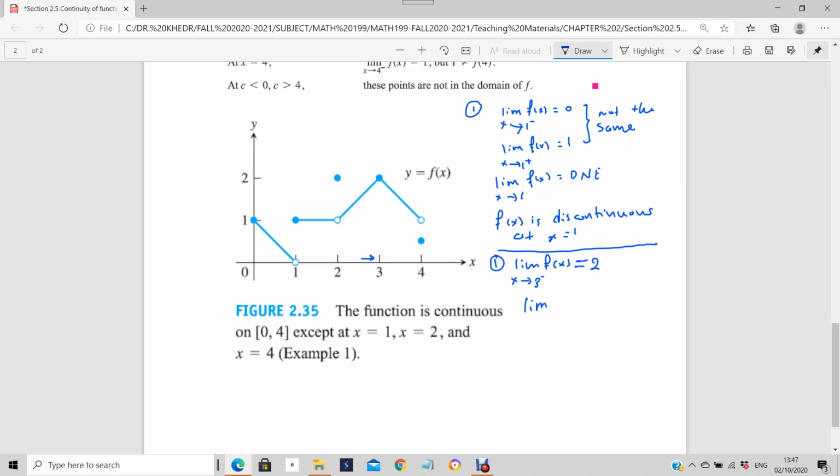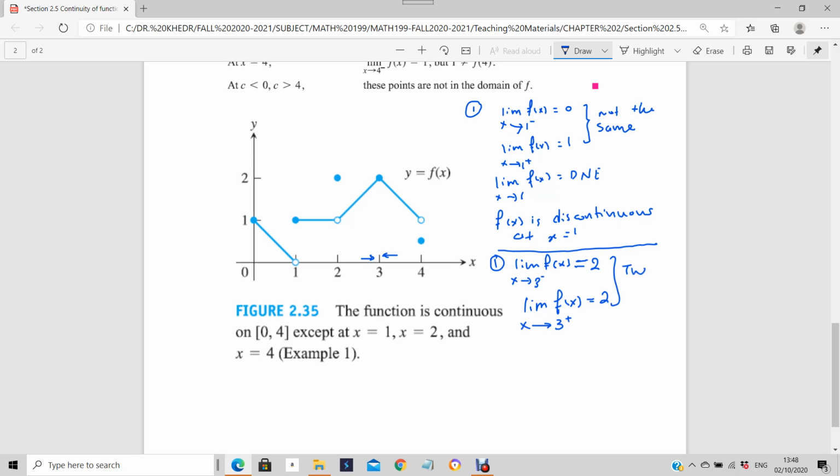Now for the limit of f of x as x goes to 3 from right side, it equals also 2, because we are talking about this line. So as x is approaching 3 from right side, the value of y is going to 2. See, the two-sided limits here are the same.